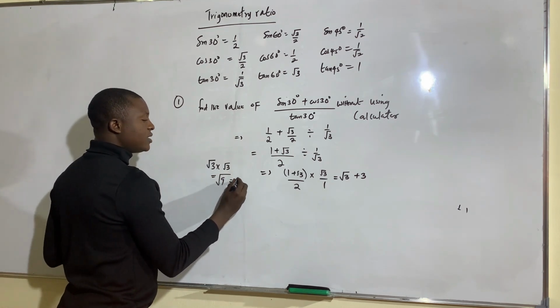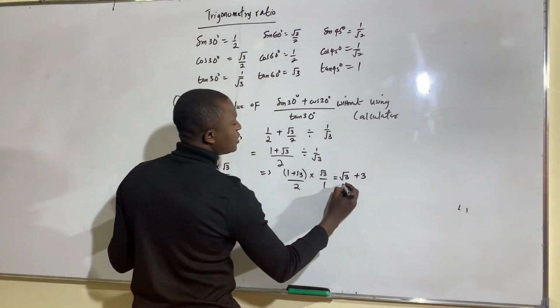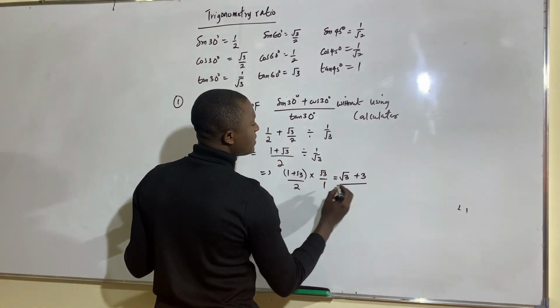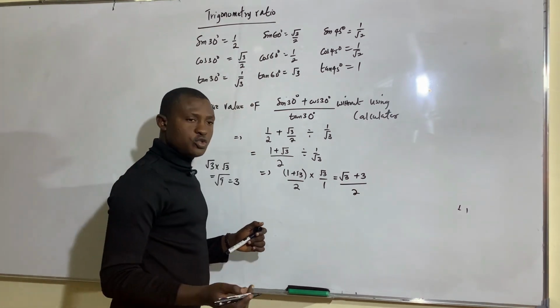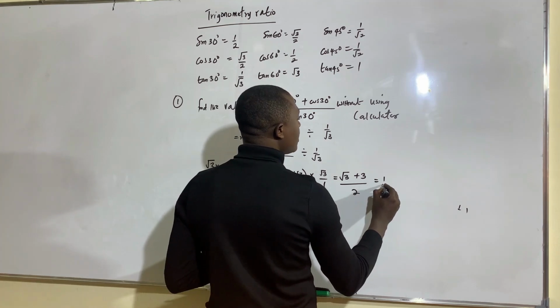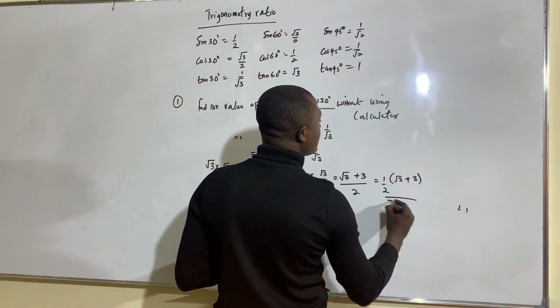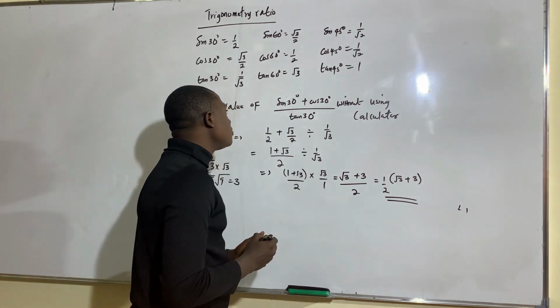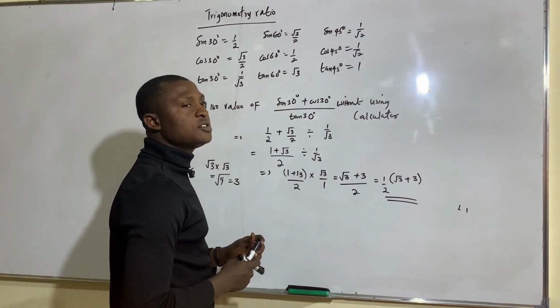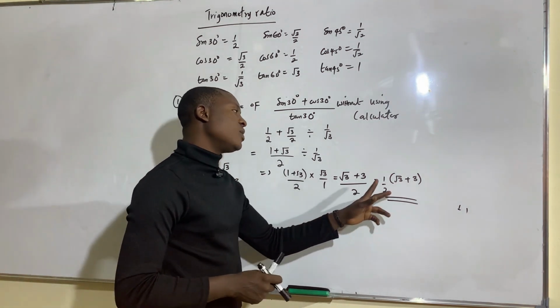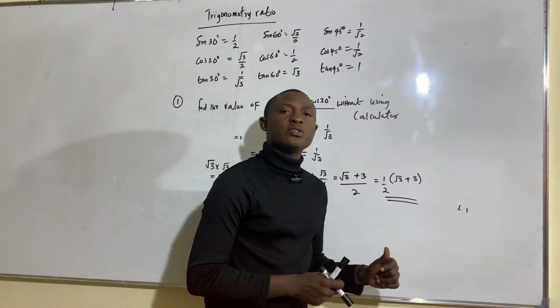And the square root of 9 is nothing but 3. Then all divided by 2 times 1, we are going to have 2. I can even write this as 1/2 bracket of root 3 plus 3. So the value of sine 30 plus cos 30 divided by tan 30 is 1/2 open bracket root 3 plus 3.